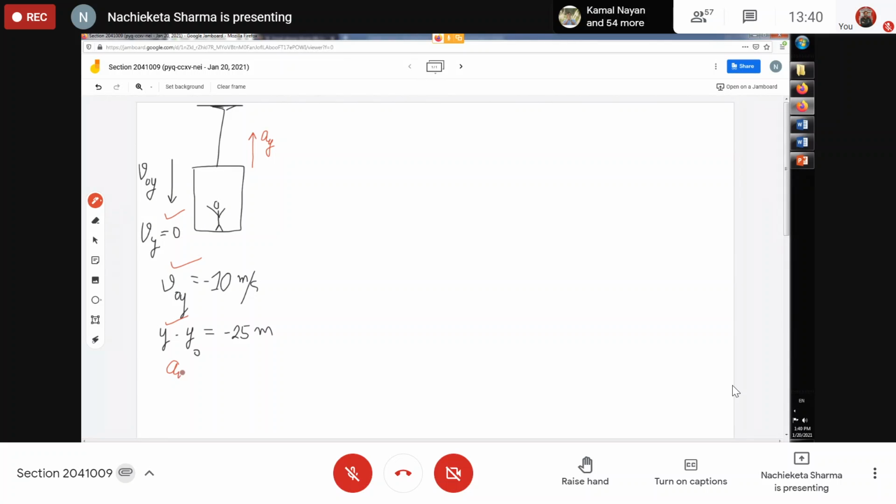So I will apply an equation which combines the two equations, the position equation and the velocity equation: vy square is equal to v naught y square plus 2 ay into y minus y naught. Let us take the sign conventions. First, let us say that vy is equal to 0.